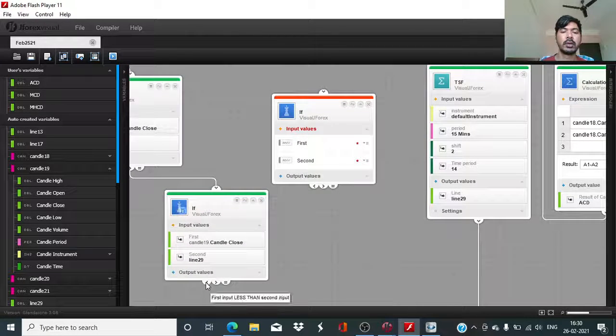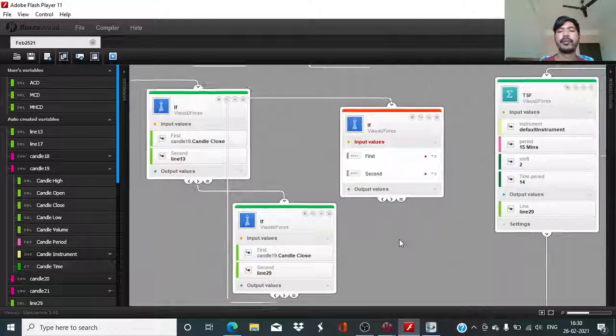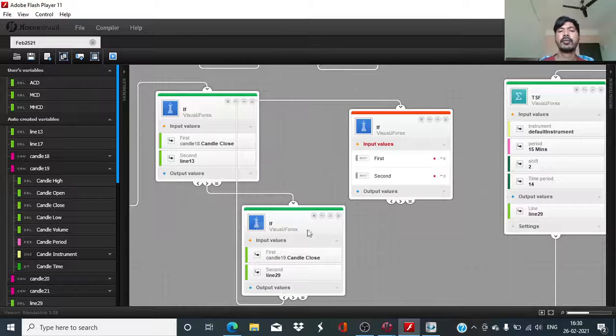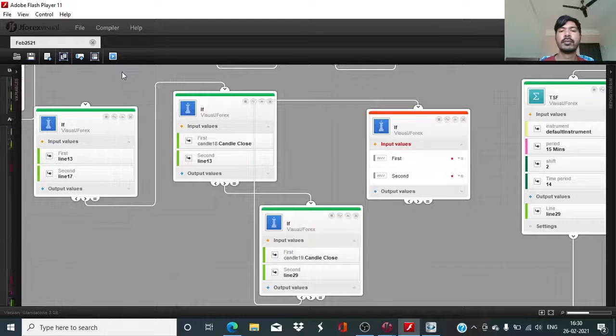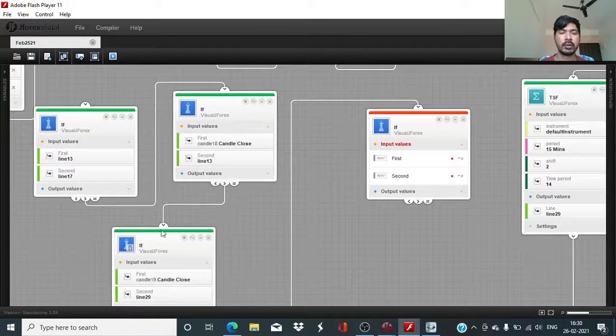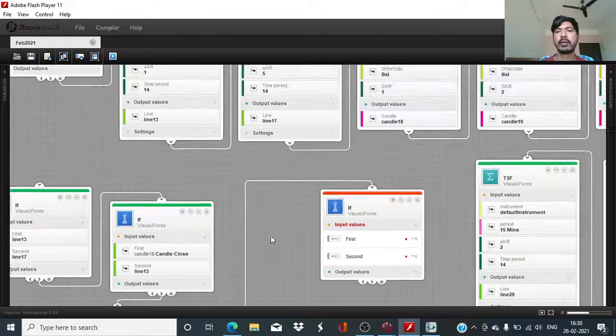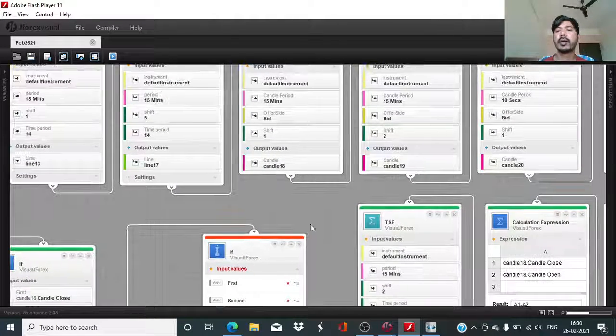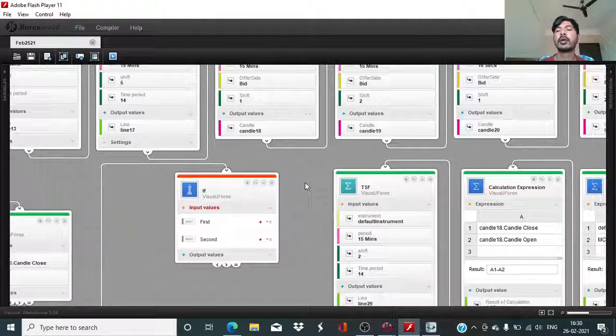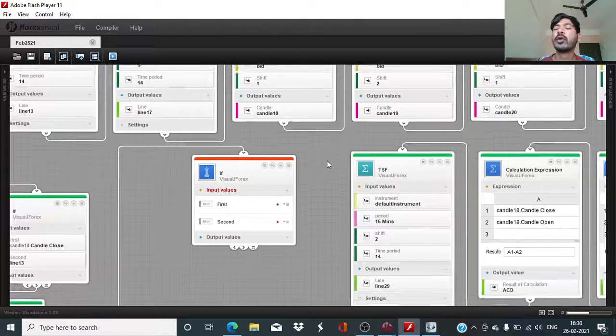Close needs to be lower than line 29. Okay, and candle 19's closing value needs to be lower than its opening value.